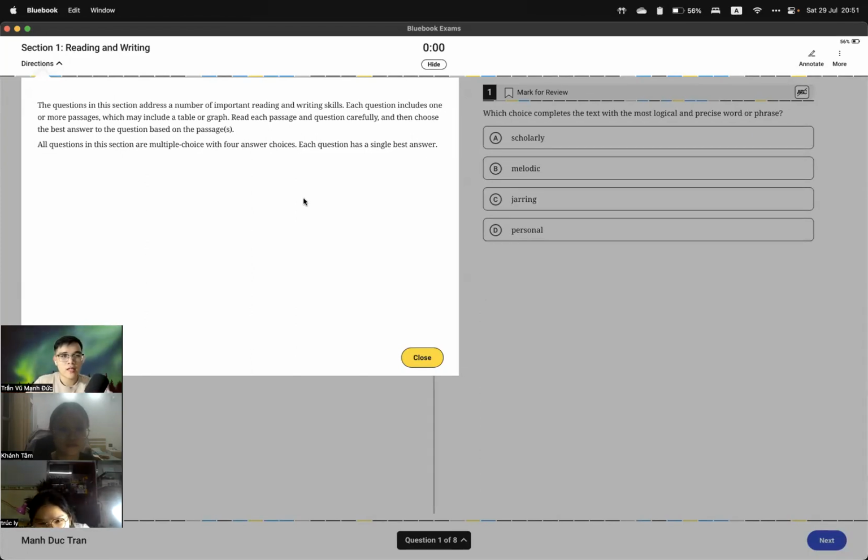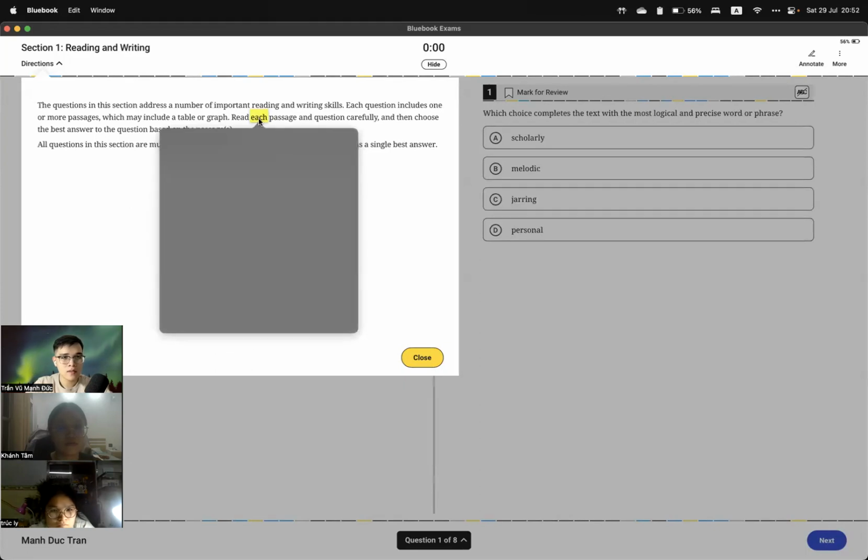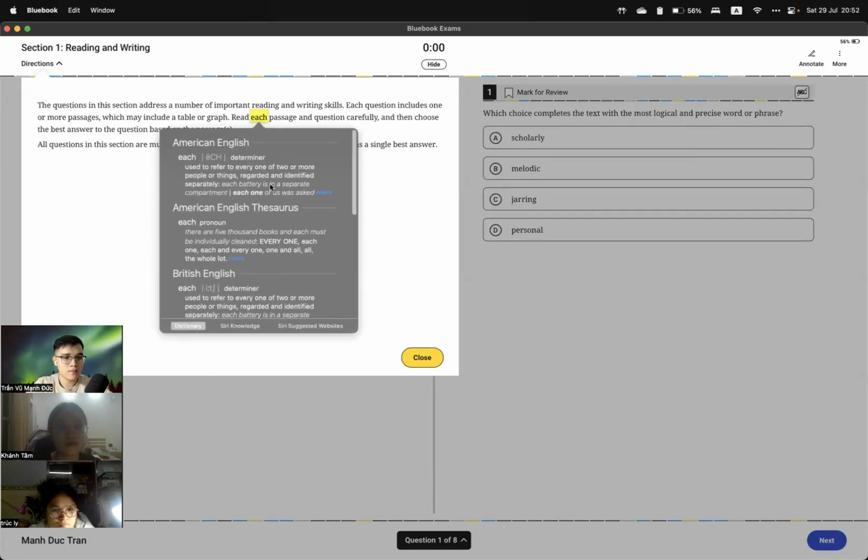Firstly, if you use a MacBook or any kind of Apple device, there's this feature. Look, this is the feature of the MacBook, and if you use it, please notify me, because you have to disable it.